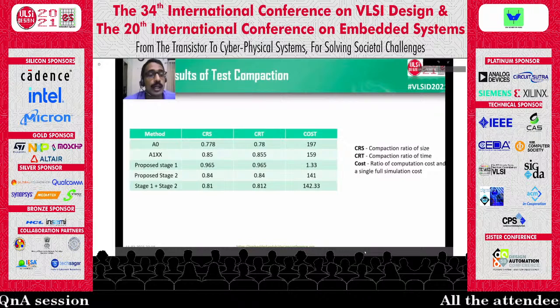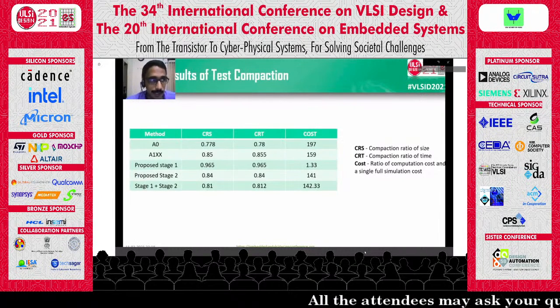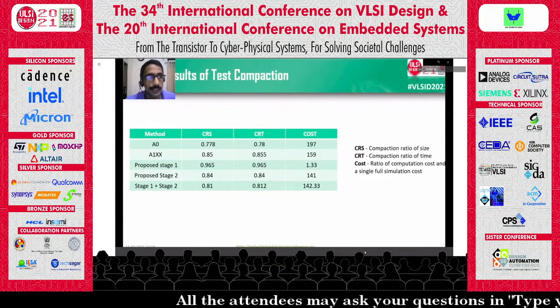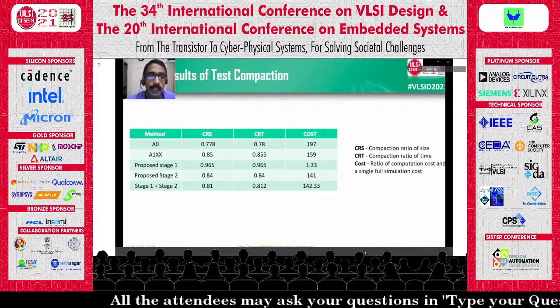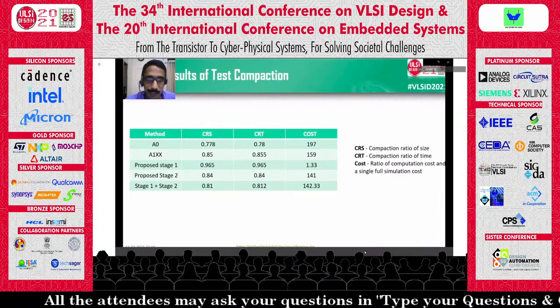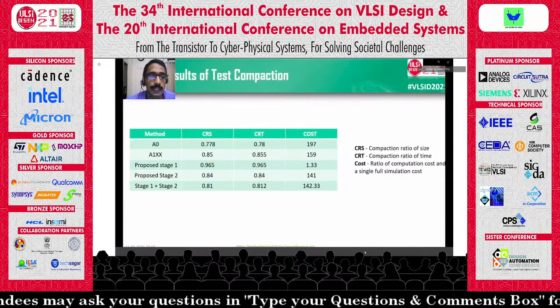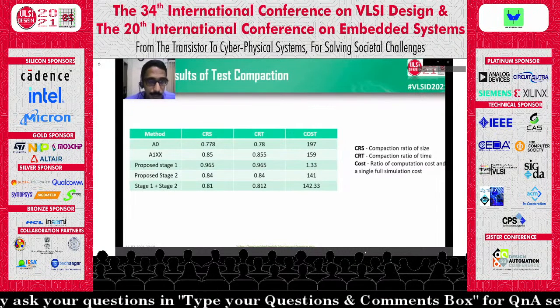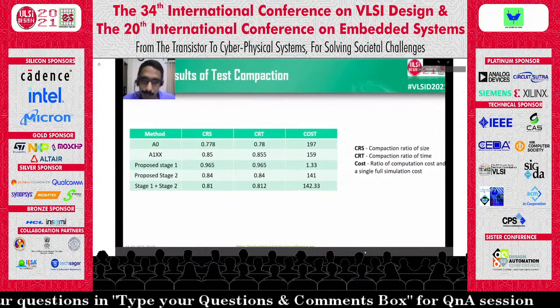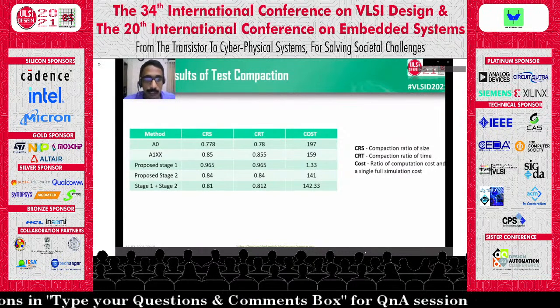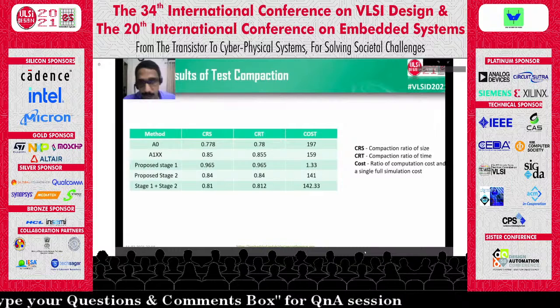A0 is a very intensive method, which takes each instruction and checks its redundancy. So CRS and CRT will be very low, but the cost will be very huge, 197. But for the A1XX method, which is block-wise restoration, the CRS and CRT will be average, not that great, but the cost is lesser.